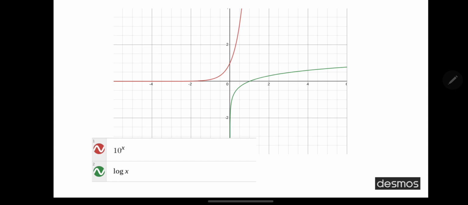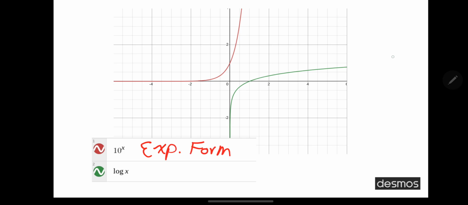So look here, I have in red a graph of an exponential form, and then I have in green here the log form, logarithmic form. So actually, let me write that down. So we have 10 to the power of x, and this is the exponential form.